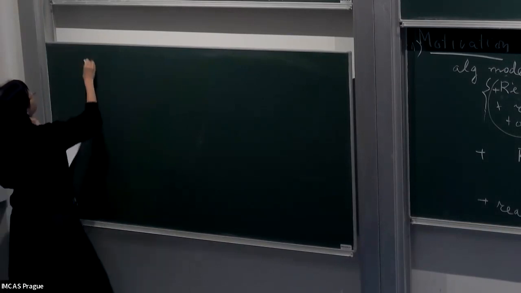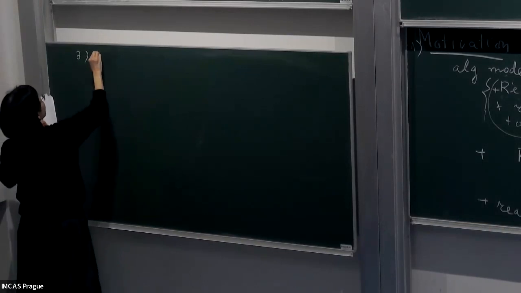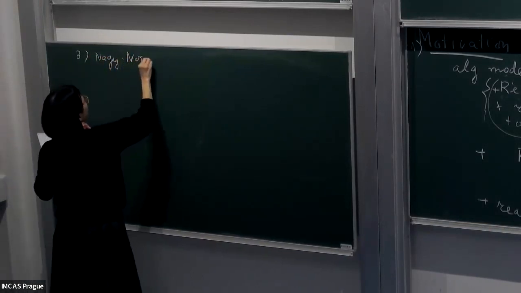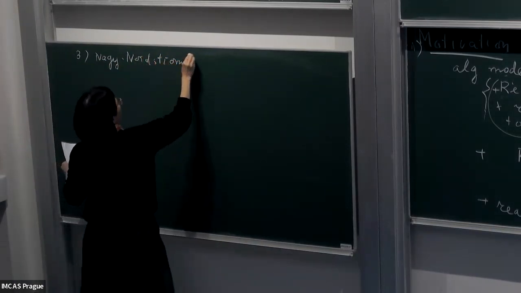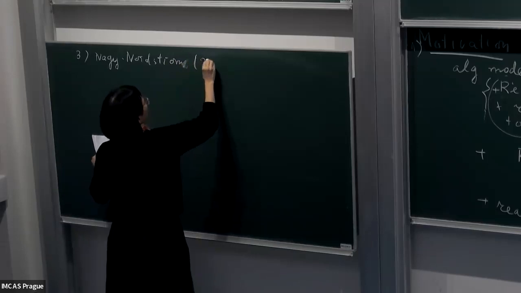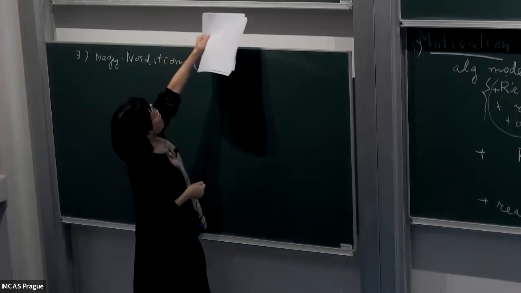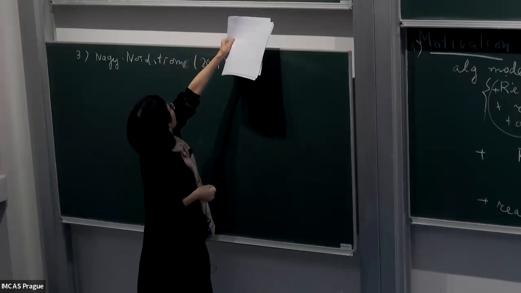And then very recently, Nagy and Nordström put a paper on arXiv in 2021, and they consider one dimension more, because here the dimension is 7, that G2 manifold, right?